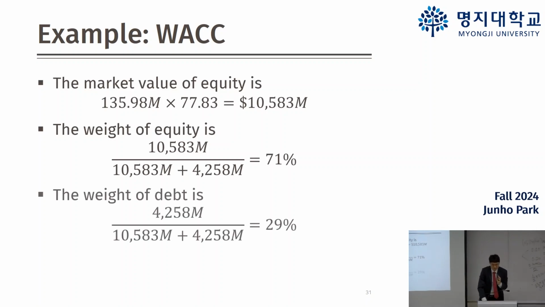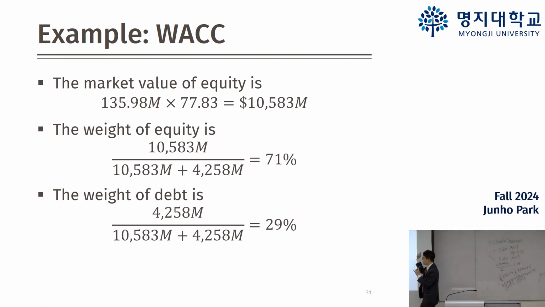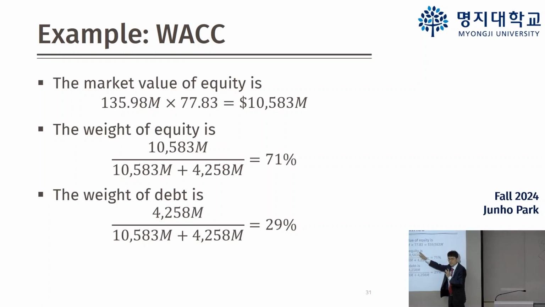That means the weight for the debt should be 29% because in this example, there is no preferred stock. So if you add these two, you should have 100%. As you can see, this company relies more on equity financing rather than debt financing. So therefore, we are going to emphasize the cost of equity more.